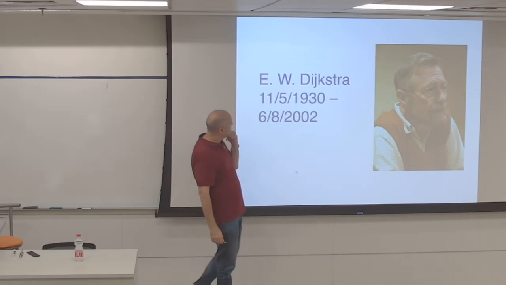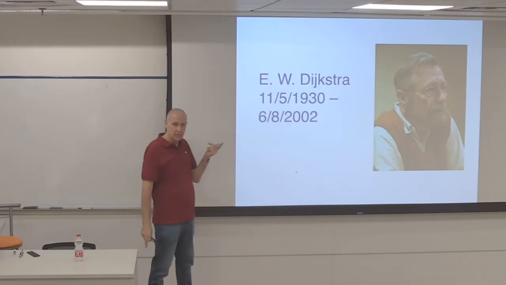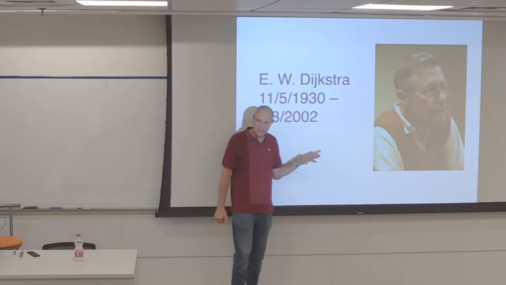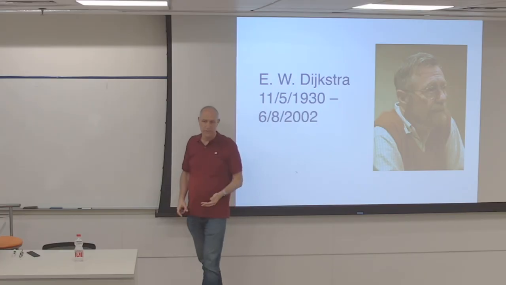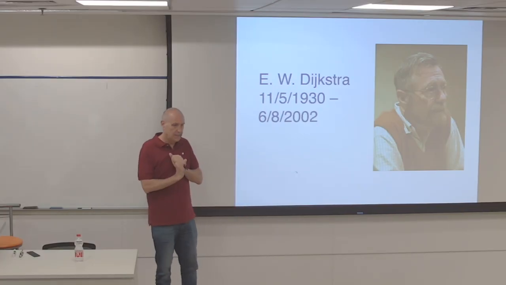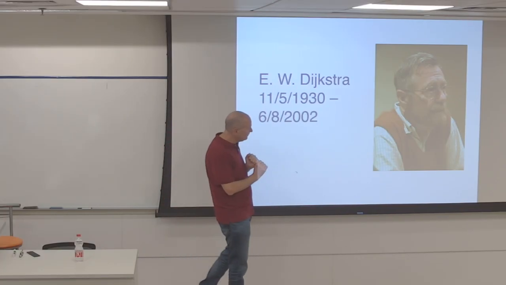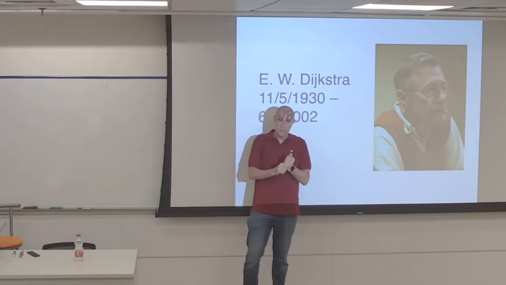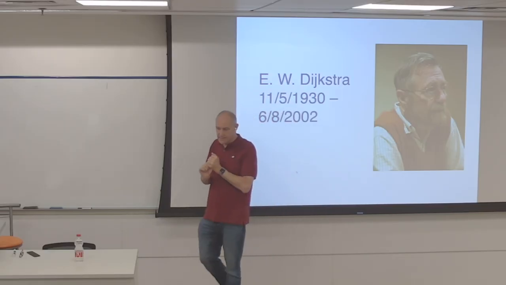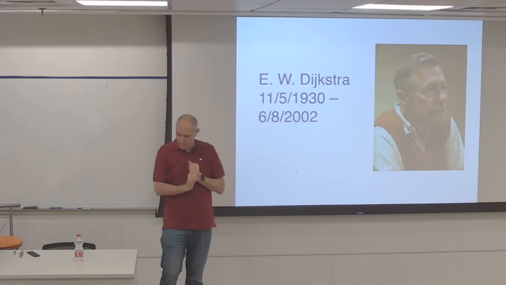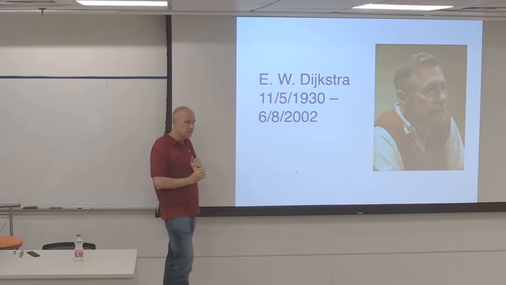Okay. Dijkstra, maybe you've seen him in algorithms, right? He has a very famous algorithm for shortest path. And in general he did lots of very interesting algorithms. He had a huge number of papers.